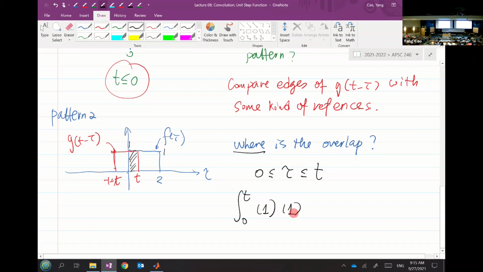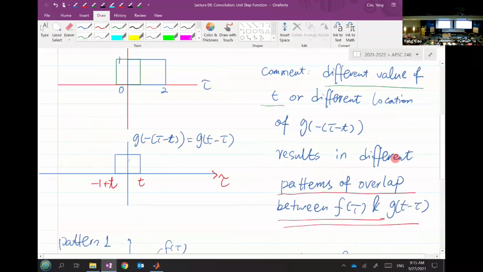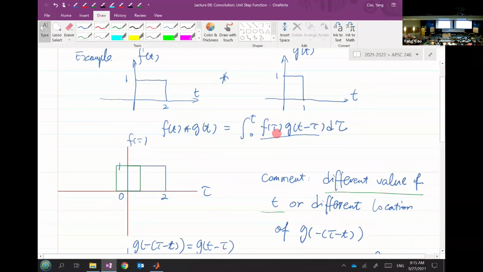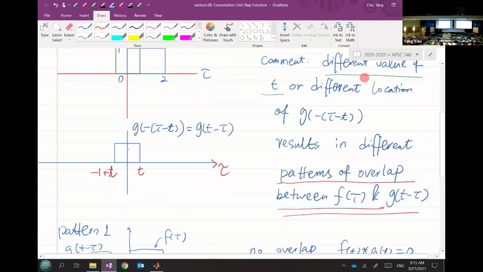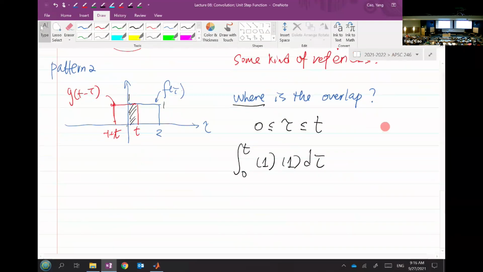It's also 1. And then d tau. Right, so you're multiplying the two graphs. Both graphs' value between 0 and t is 1. So you replace this f of tau and this g of t minus tau with 1 and 1, and that gives you t.